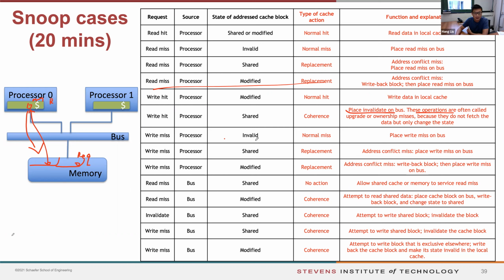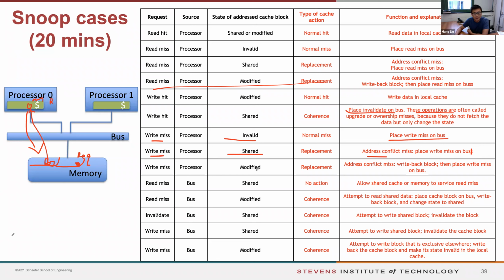If you have invalid and a write miss, you place a write miss on the bus, which can trigger other processors to do something. If it's a shared status and then you have a write miss, it means the data you are trying to write is here, but you have cached a different one. It's an address conflict, so you place a write miss on the bus. Sorry, there's a typo here.